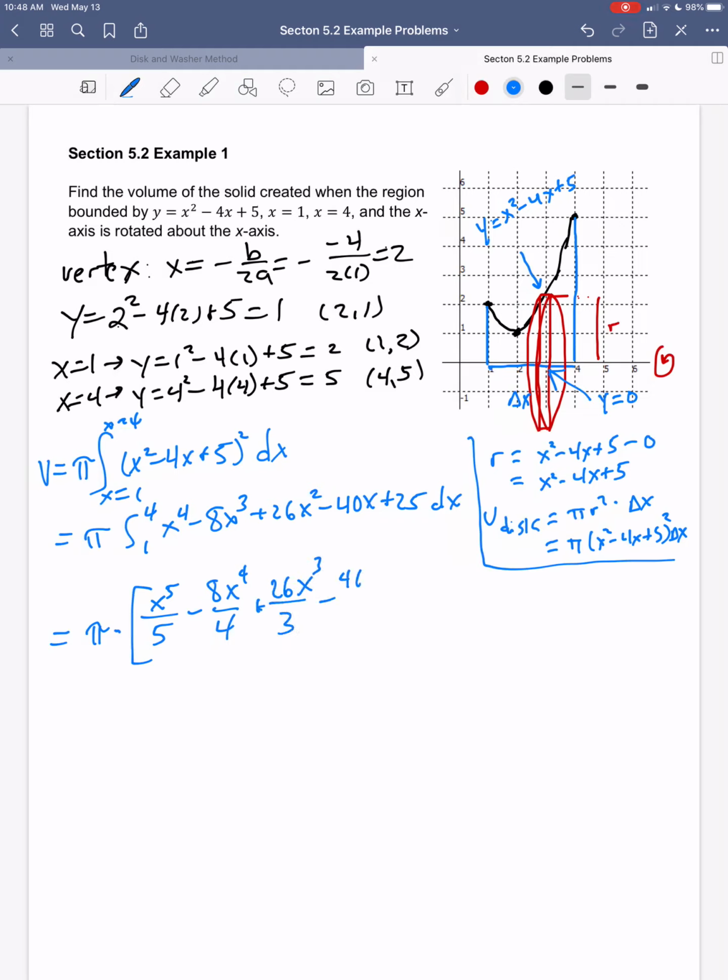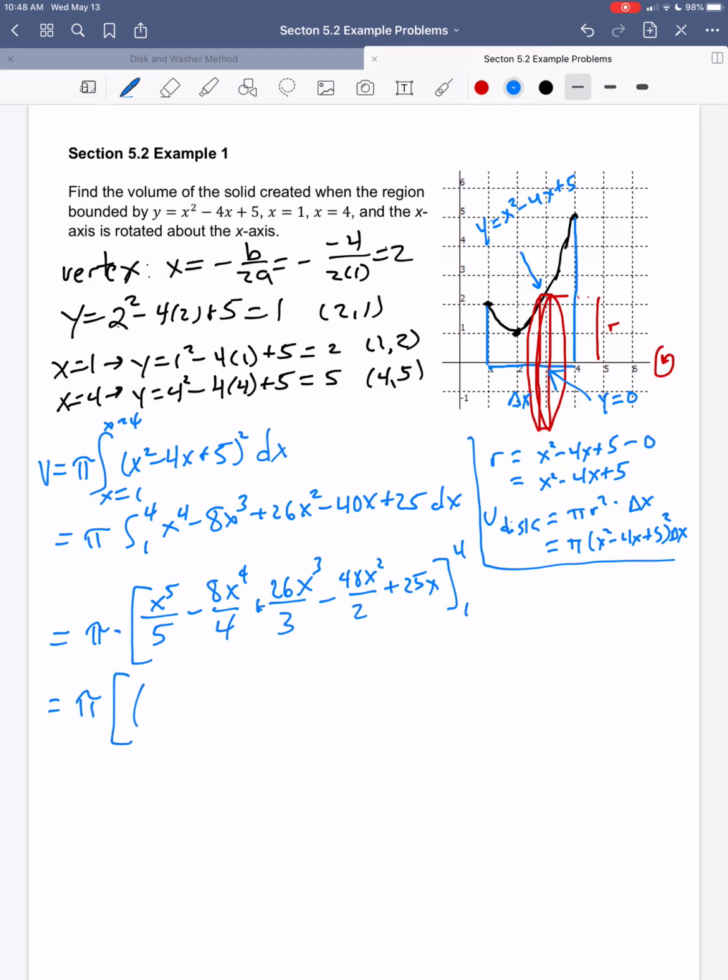I'm going to get 40x squared, and divide by 2, and then 25x, and that's evaluated between 1 and 4. So I'm going to plug 4 in for x, and then 1 in for x, and then subtract.